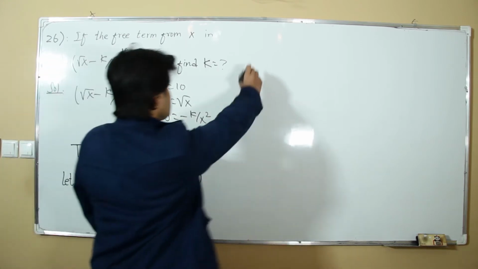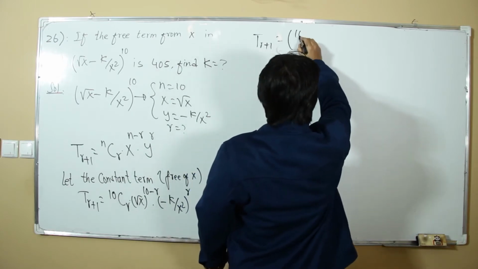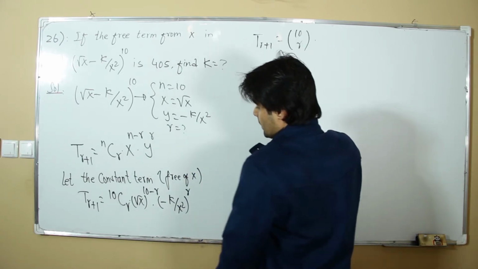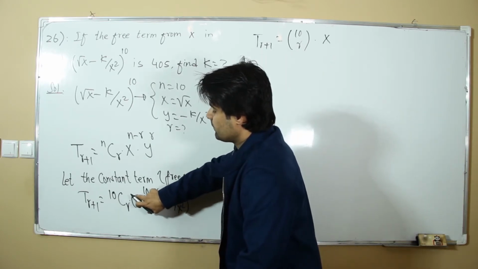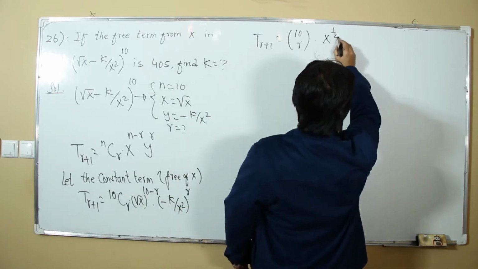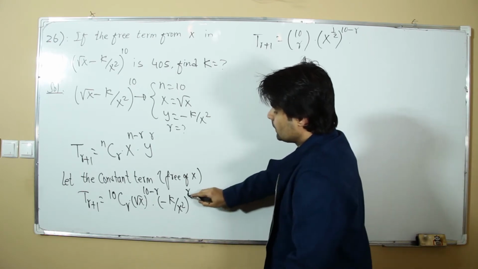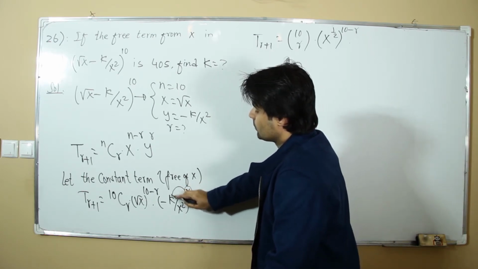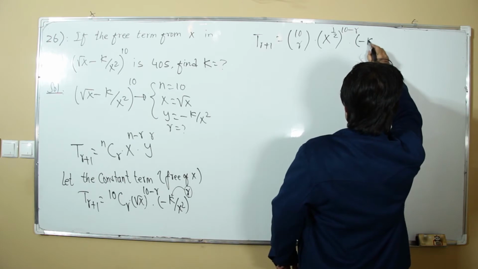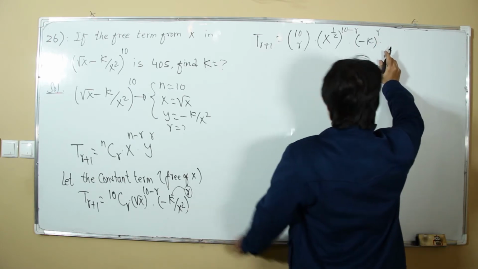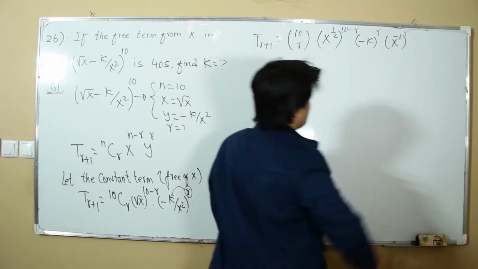Here t(r plus 1) is given by 10Cr, times, we can write root x as x to the power 1 divided by 2, raised to the power 10 minus r, times, now this r belongs to both the numerator and the denominator, I mean we can write minus k raised to the power r, and x square means x to the power minus 2 raised to the power r.